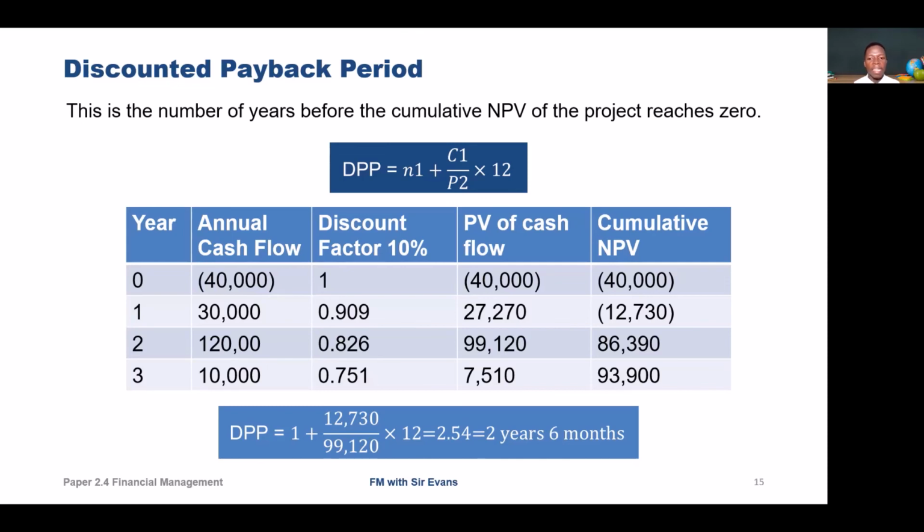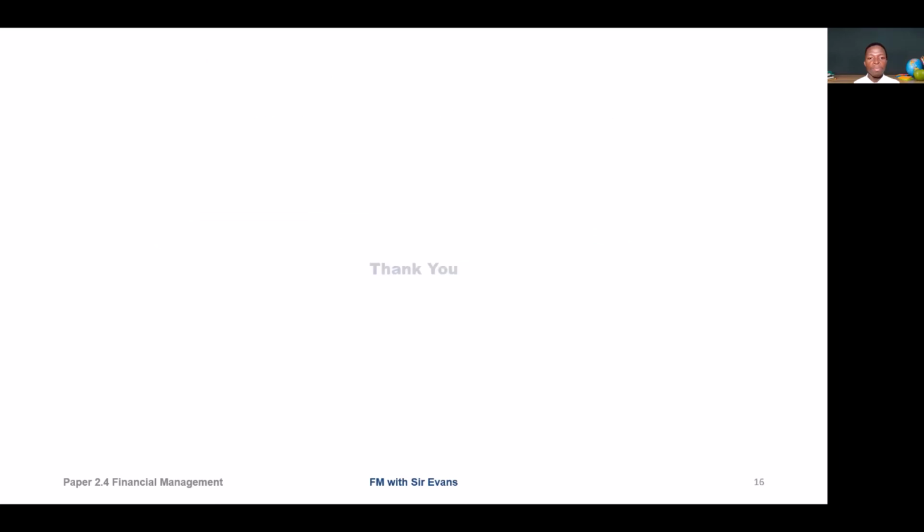We divide that by the PV after the negative cumulative, that's 99,120. Multiply that by 12, you get 2.54. Now, this is in terms of months, 12 months, so the 0.5 there stands for 6 months. So the discounted payback period for this particular project is 2 years, 6 months. It will take us 2 years, 6 months to recoup our initial 40,000 investment.